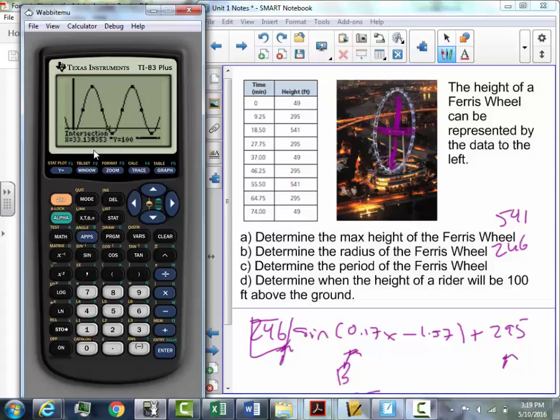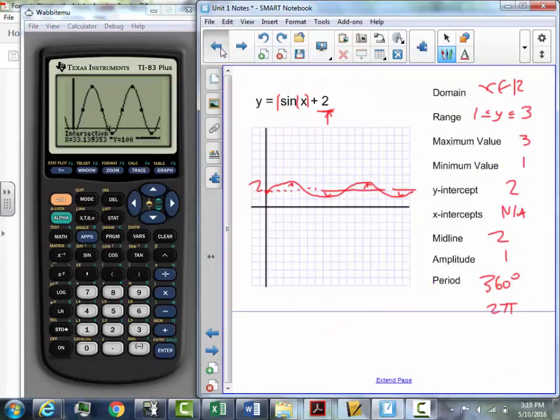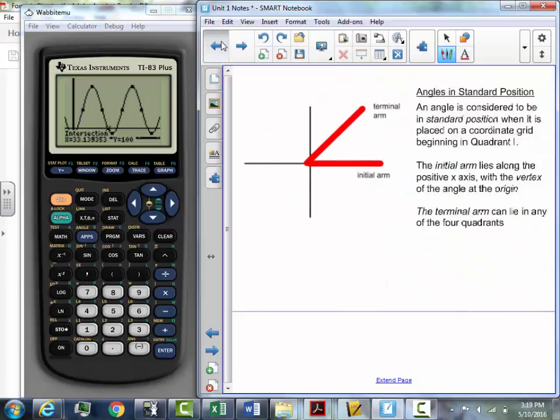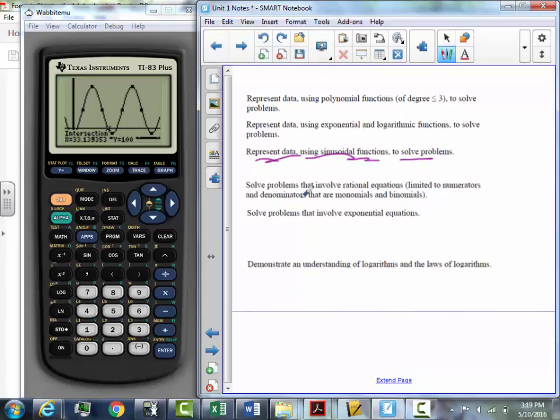Okay. The long and short of it is, I need you guys to be able to solve problems. You know how on that one slide I showed you all the outcomes? Here it was. You have to be able to solve exponents. You have to be able to solve rationals, which is all of our unit 1.